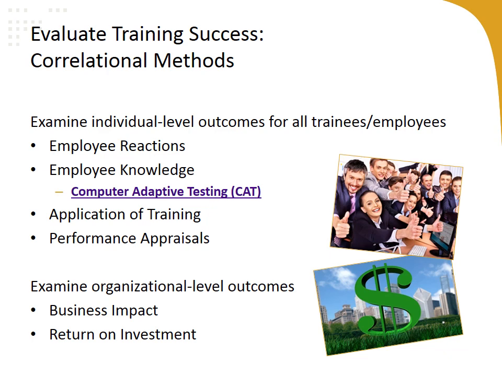So you can also examine individual level outcomes based on the application of training. The effectiveness or the degree of application of training is really just the extent to which employees actually use learned material. And you can assess this through supervisor observation, performance appraisals. Coworkers can help you assess this too.